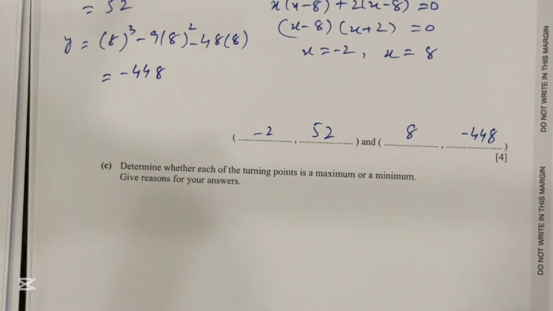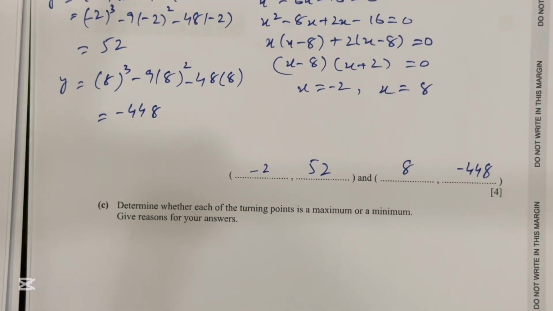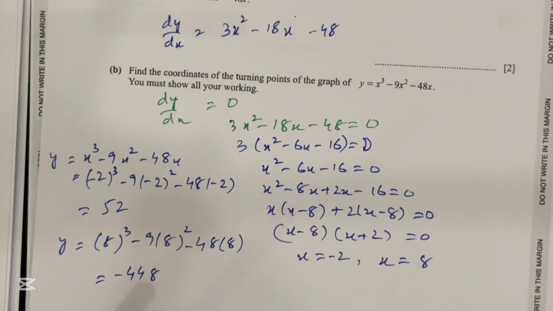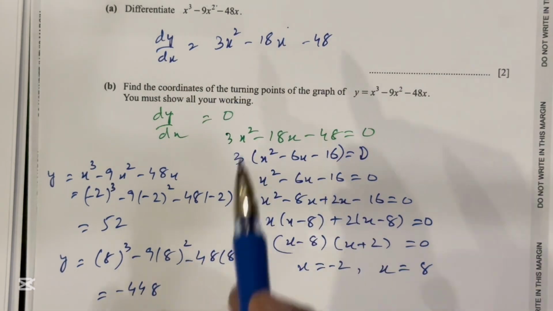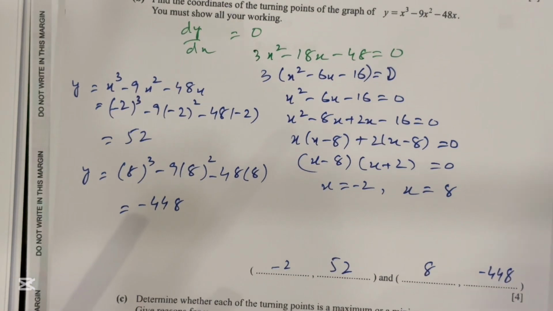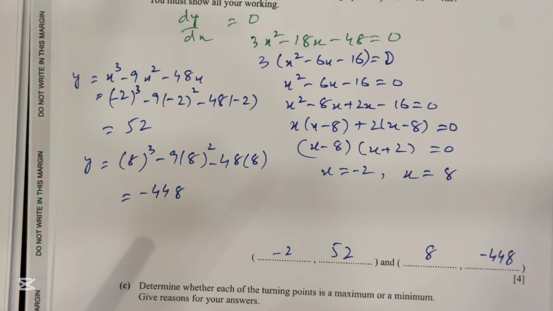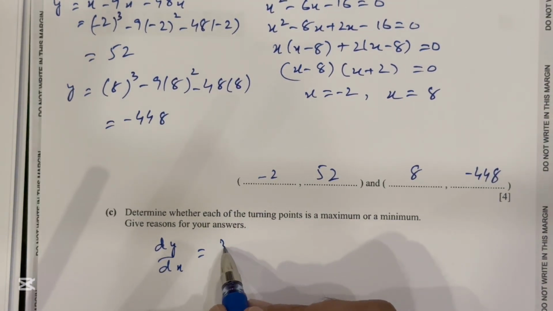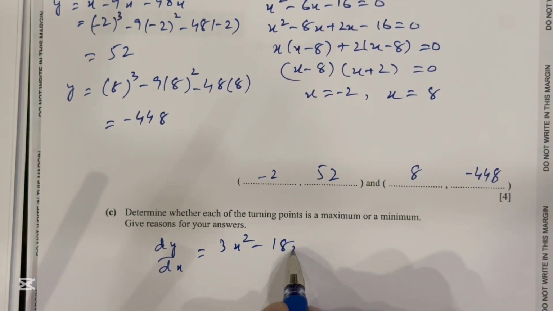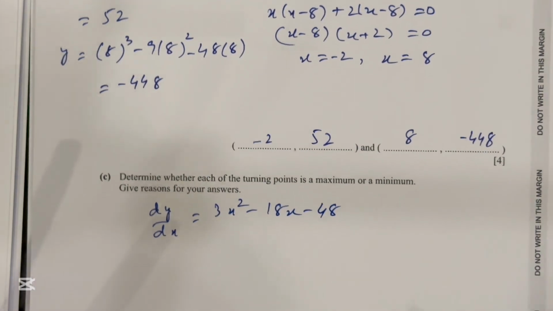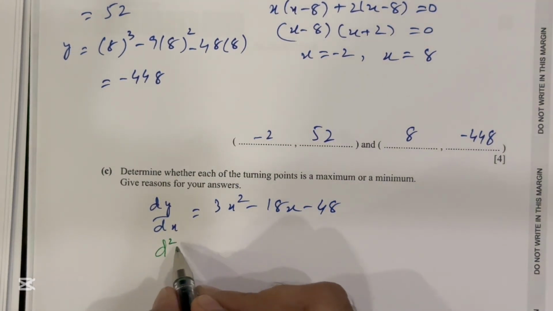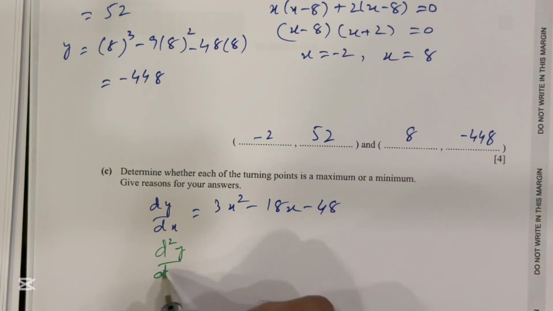Moving to its C part, determine whether each of the turning points is maximum or minimum. So how can we find the maximum or minimum? After finding the first differentiation, we need to find the second differentiation. Second differentiation, I'm writing again dy by dx. The first differentiation answer was 3x squared minus 18x minus 48. So the second differentiation would be d2y by dx2.